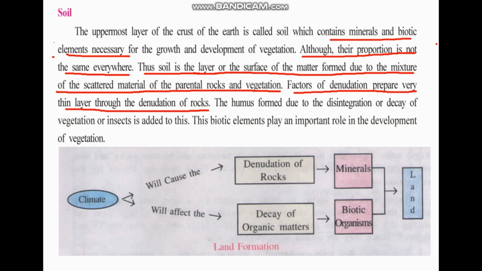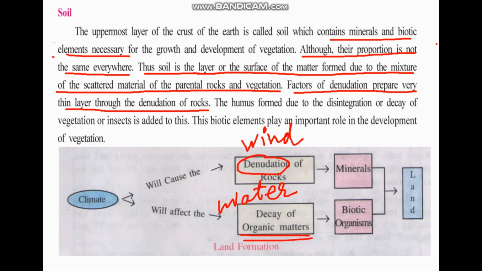Okay, so how is it formed? First of all, when the rock is broken down, when denudation happens to it due to climate, it can break through wind, or water, or even through organic material.